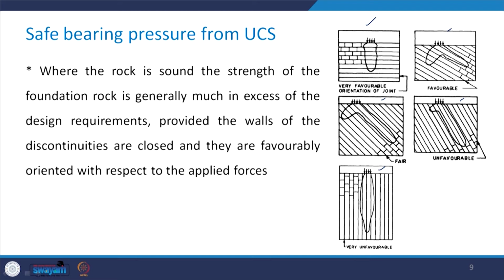So, take a look once again and then you will be able to appreciate how the orientation of the discontinuities can be very favorable, favorable, fair, unfavorable or very unfavorable as far as the placement of the footing on such type of rock masses is concerned.